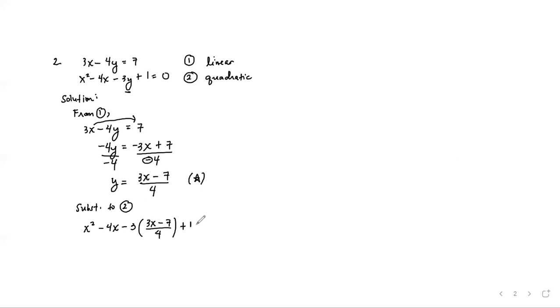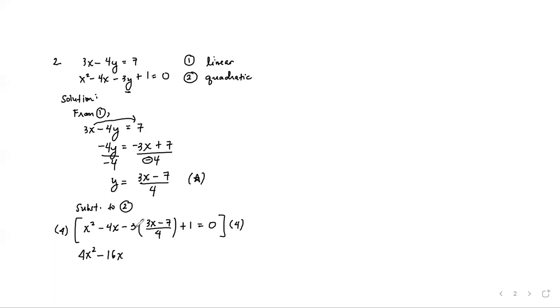And then we have plus 1 equals 0. Now, since there's a denominator 4, we can multiply both sides of this equation by 4 to remove the denominator. So we get 4x squared minus 16x. And then 4 times this thing would mean that 4 will be cancelled out.